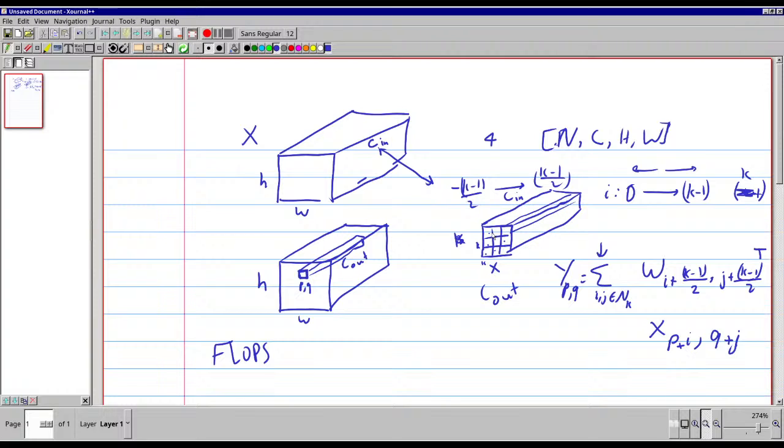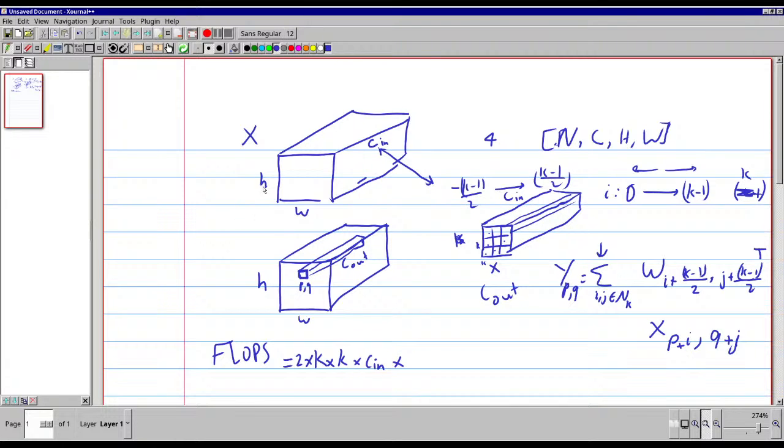Every time we place the filter, there are going to be K squared times C in multiplications, and the same amount of summations, because we sum them all together.